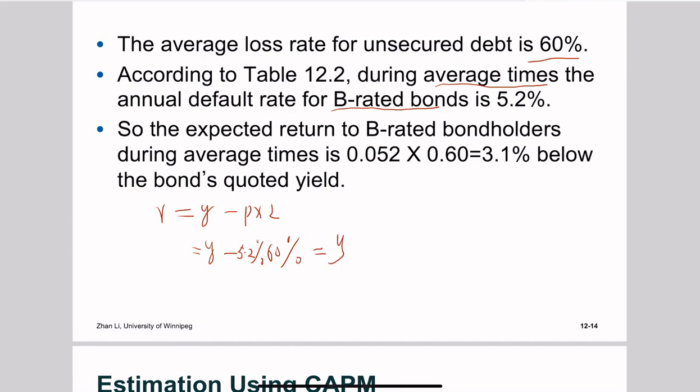This gives us Y minus 3.1%. So this basically means that if you compare the expected return and the yield, for a B-rated bond during average times, the expected return should be 3.1% lower compared with the promised yield Y.